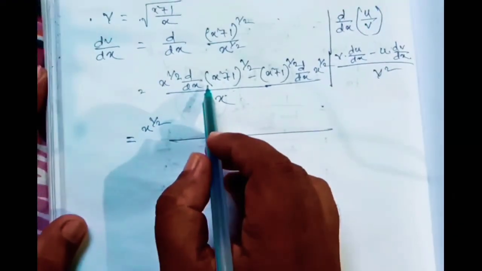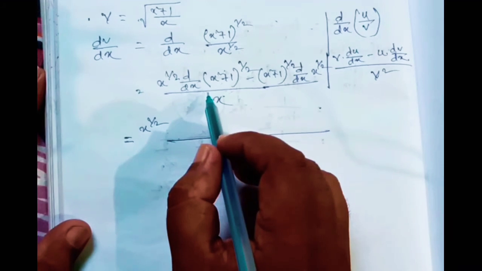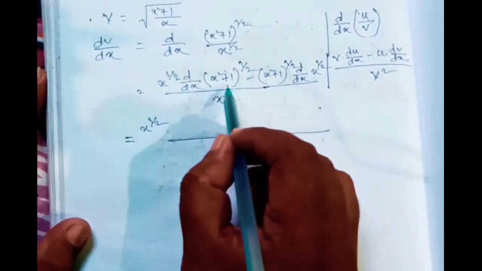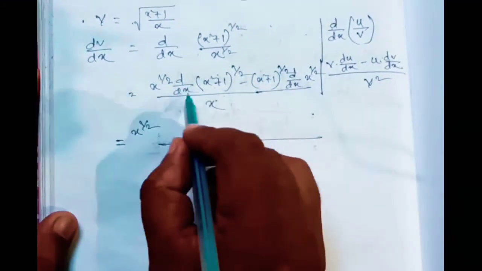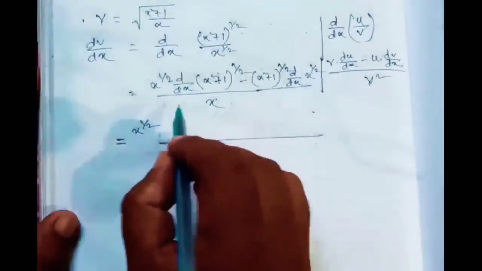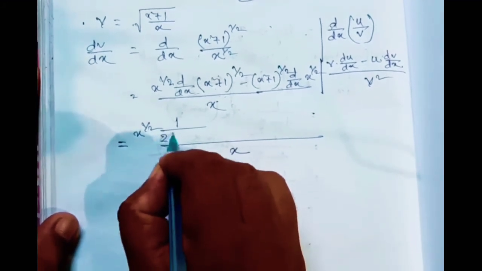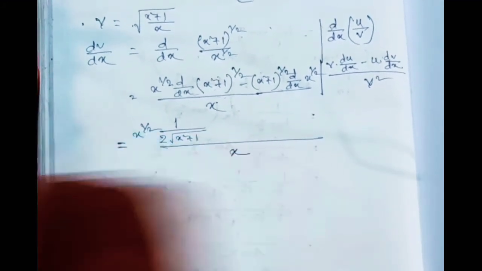Now d/dx of root x, first we should consider this as d/dx of root x. So d/dx of root x can be written as 1 by 2 root x, 1 by 2 root x square plus 1.